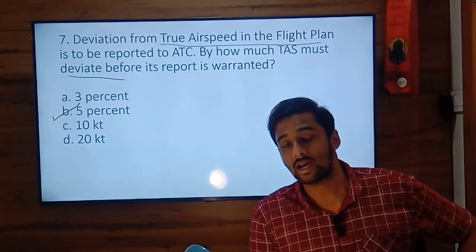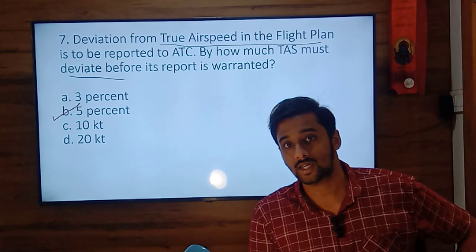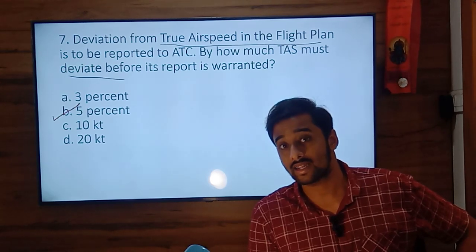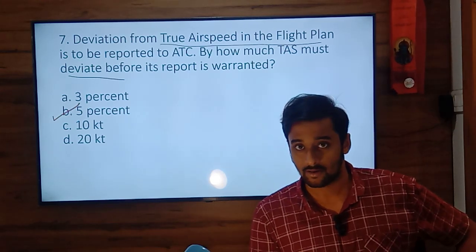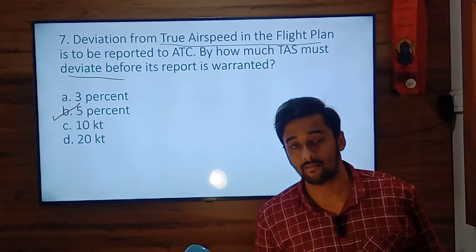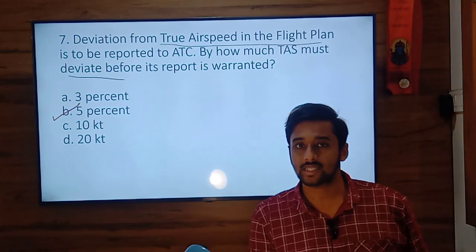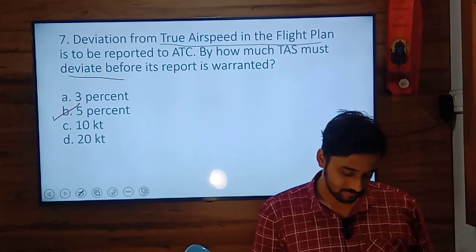So your true airspeed must remain within 5% of it. It should not increase beyond 5% of the true airspeed or decrease by more than 5%. You have to remember this value, and this question often gets asked in exams.